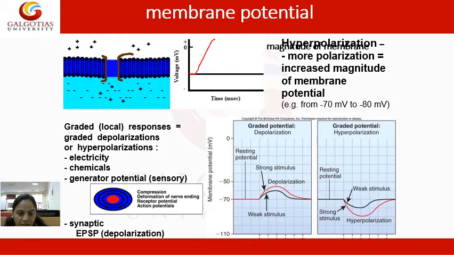So the compression, deformation of nerve endings, receptor potentials, and the action potential, that is synaptic activity, EPSP depolarization. So the graded local responses, graded depolarizations can be captured here in the form of signals.